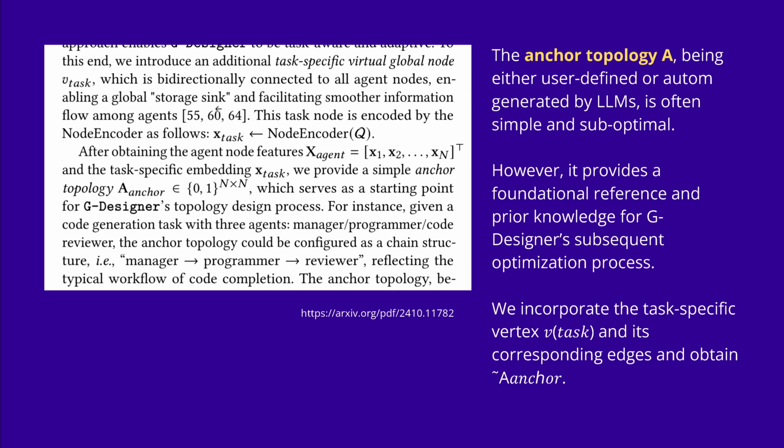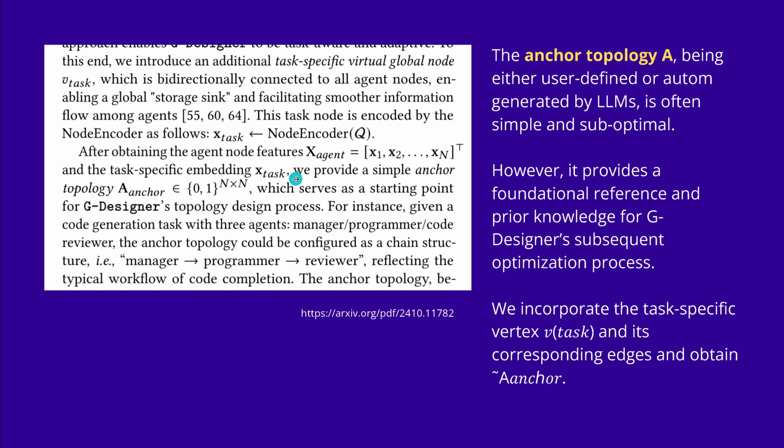So we have all the information specific to the task available, facilitating a smoother information flow among the agents. And since we already have a vector representation of the nodes, the task node is also encoded by our node encoder, by our SBERT system, so that it is living in the same mathematical space as our other nodes, as our other agents.